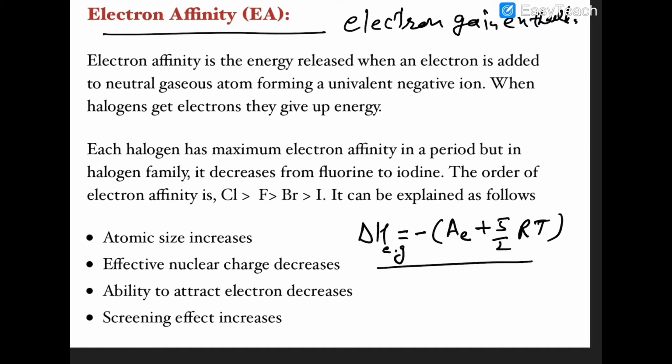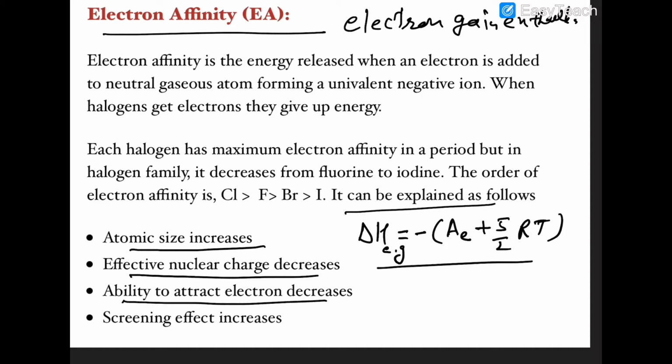The various factors which can explain the values of electron gain enthalpies are: it increases with the increase in atomic size, it decreases with the effective nuclear charge, ability to attract electron decreases, and screening effect increases.